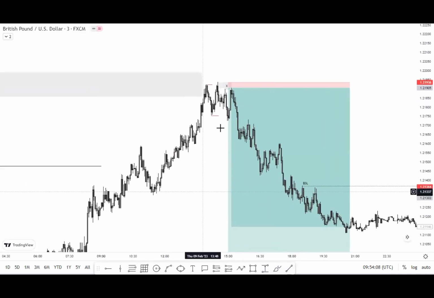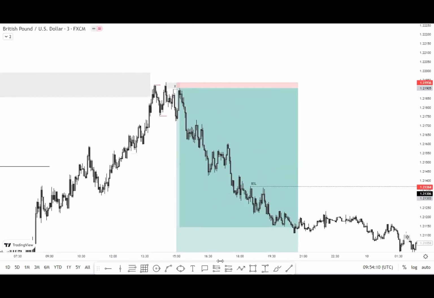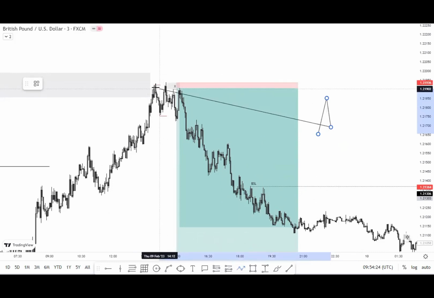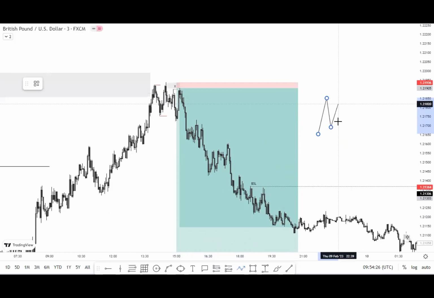Like I told you guys earlier, your first tap can be a sweep. So you can see that price came to the supply, gave us a pullback, then the first tap was swept, which is this sweep. Then the low that swept the high got broken. Do you get it?